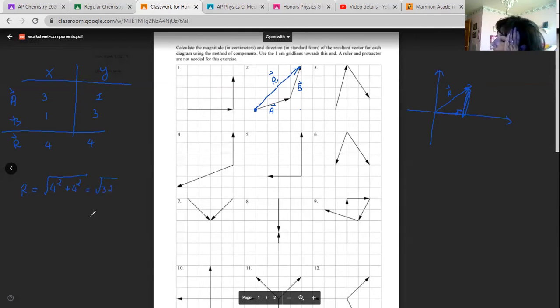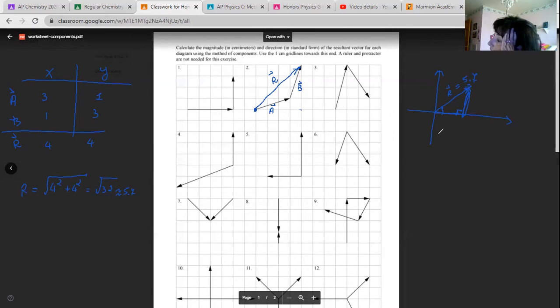Which means basically, what is it? 5 point something. 5.6, 5.7, so about 5.7. So if this is 4, this one is longer than 4, as you see, so 5.7 makes sense. Now, what is the angle? This has a length of 5.7.